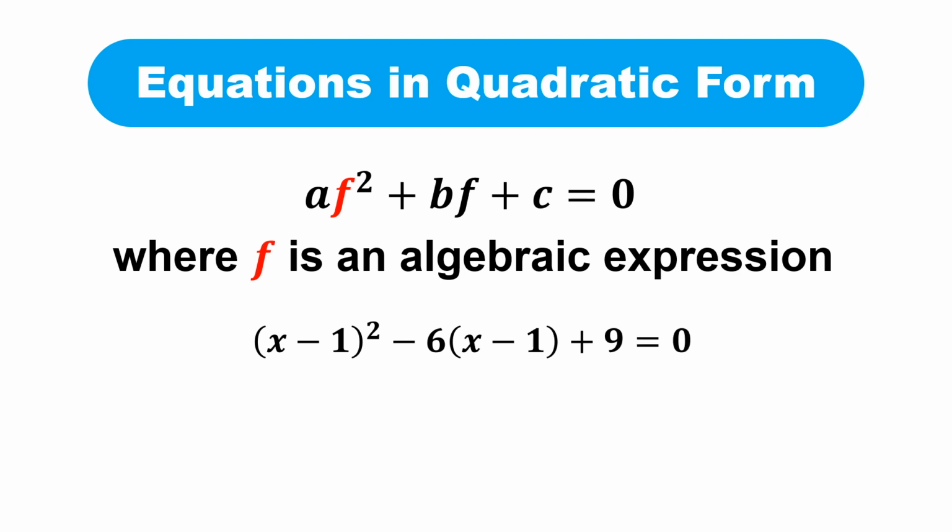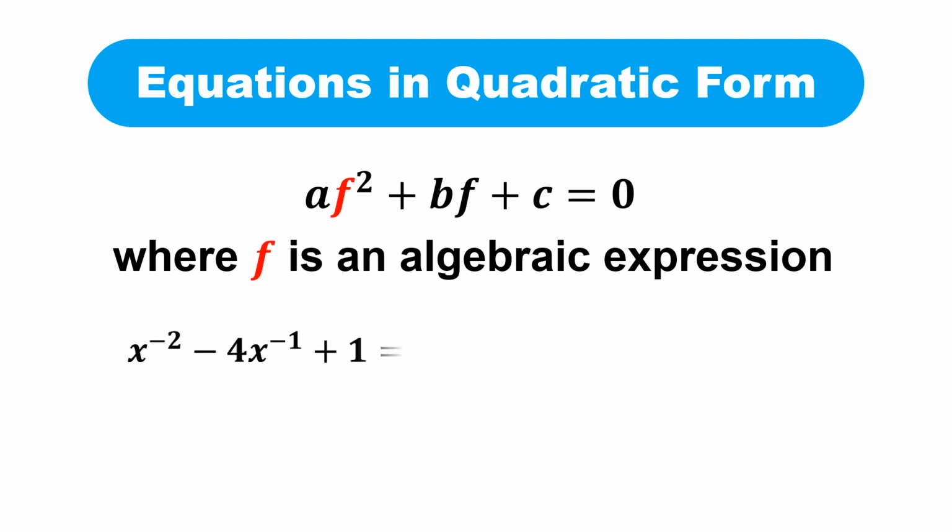In the equation quantity x minus 1 squared minus 6 quantity x minus 1 plus 9 is equal to 0, if you will let f is equal to x minus 1, you will have f squared minus 6f plus 9 is equal to 0, which can be solved by factoring.